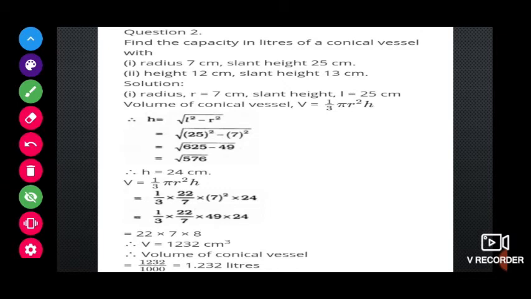Now volume is equal to 1232 centimeter cube. So the volume of the conical vessel will be how many liters? 1 centimeter cube is equal to 1000 liters, as we know already. From that, dividing by 1000, 1.232 liters.